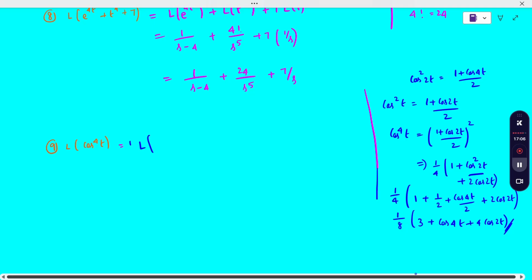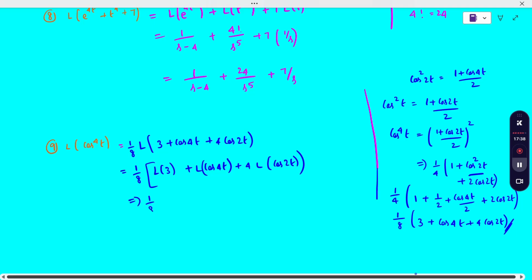Now 1 by 8 is outside: L of 3 plus cos 4t plus 4 cos 2t. Don't write everything in rough work; you can write it here but separately. Split the terms: 1 by 8 times L of 3 plus L of cos 4t plus 4, which is a constant, times L of cos 2t. The 3 I will take outside: 3 times L of 1 plus L of cos 4t plus 4 L of cos 2t.